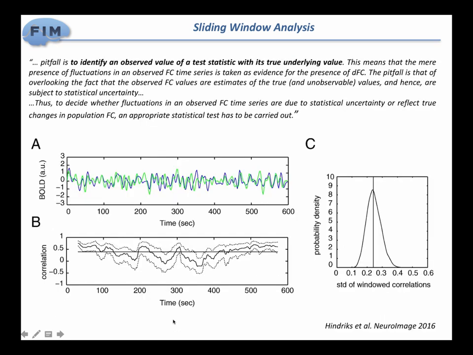So first of all, just because you see this variability doesn't mean that it's there. You're sampling, so you have to make a statistical test. This is a very good paper to read if you want to get into the literature that looks at some of the potential interpretational issues with a sliding window. They say that it's a problem to identify an observed value of a test statistic with its true underlying value.